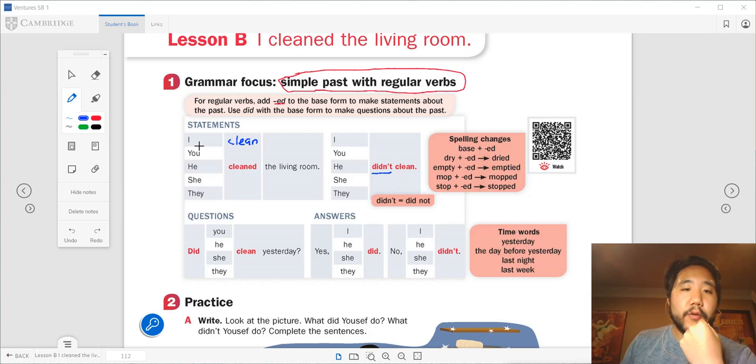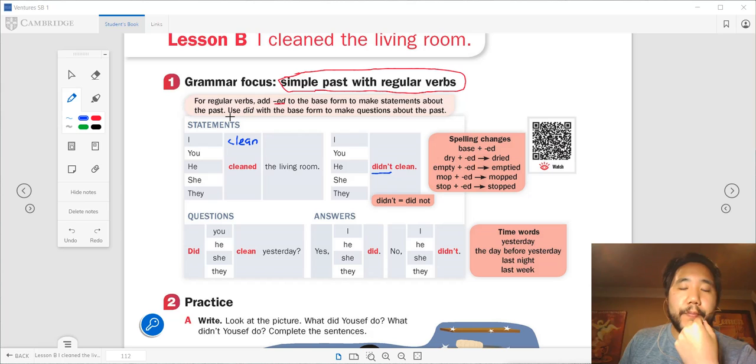that you remember when we were talking about simple past of be, was and were, when we're making questions or making statements, the rule really depended on what kind of subject pronoun we used.